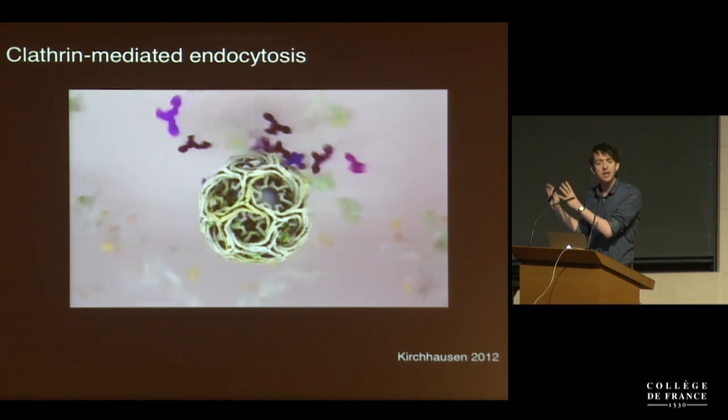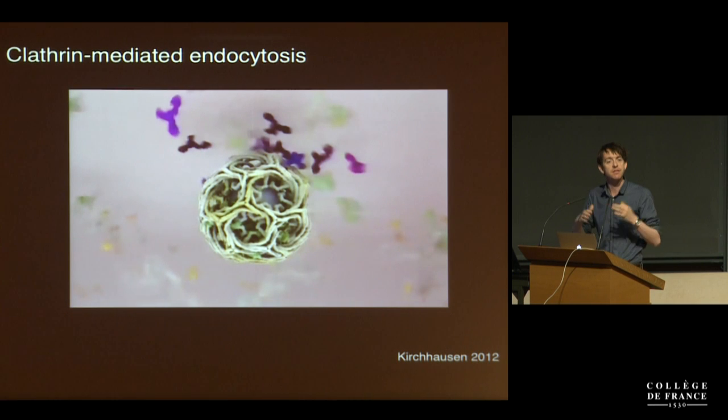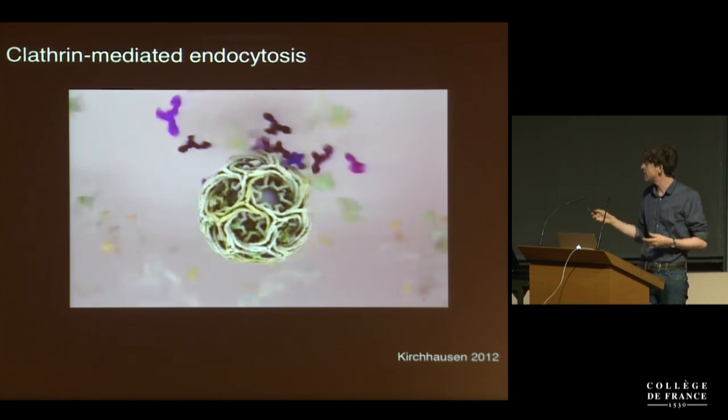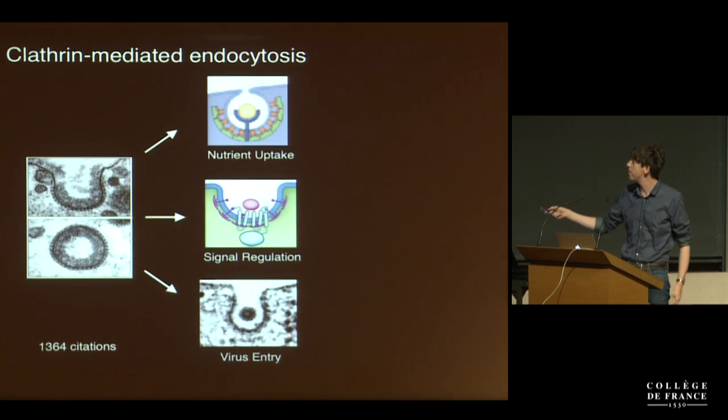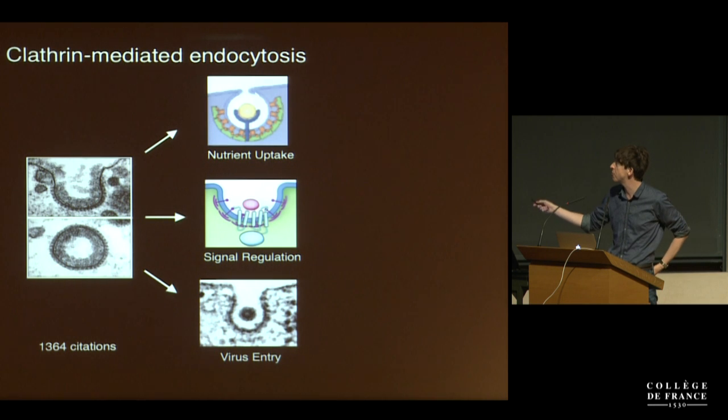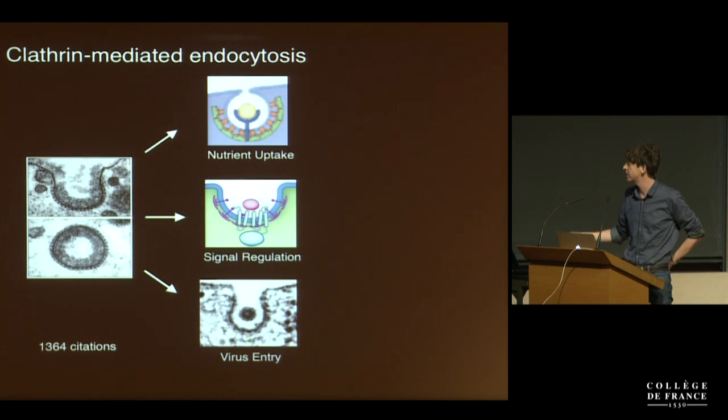What's strikingly absent from this video is any of these flat Clathrin lattices. And that's because this is the accepted standard model of Clathrin-mediated endocytosis, but very little is known about how these larger structures contribute. So how pits and vesicles contribute to nutrient uptake, signal regulation, and virus entry is pretty well known.